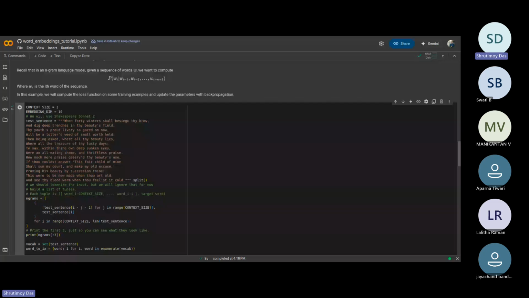Context means that when you are given some word, in what context does it appear? Suppose I have the word bat, right? The bat is used for hitting a ball, so you are talking about this wooden bat, a cricket bat, let us say.